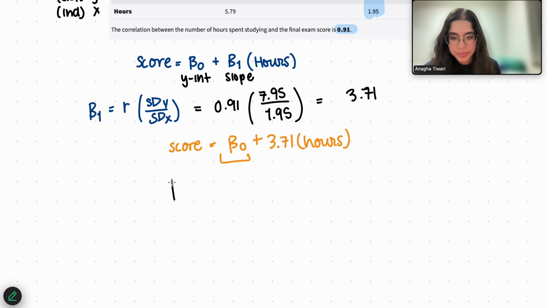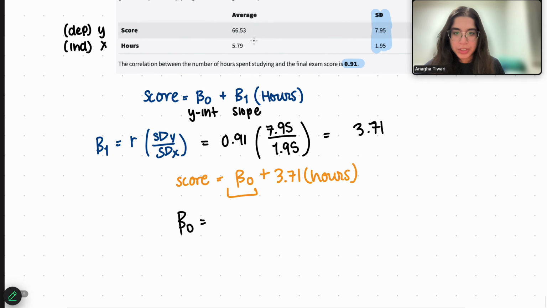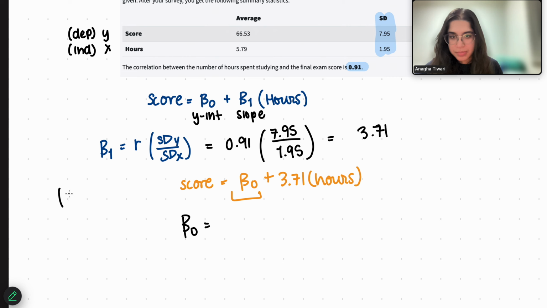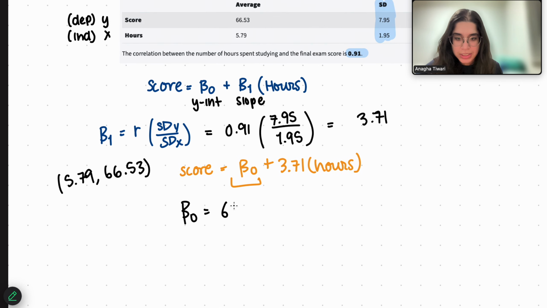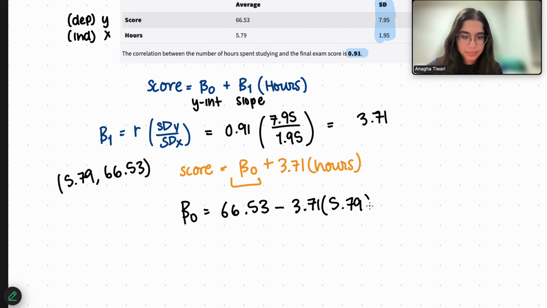So beta 0 is going to be the score, the average point here, which is 66.53 minus 3.71 times our average of x, which is 5.79.